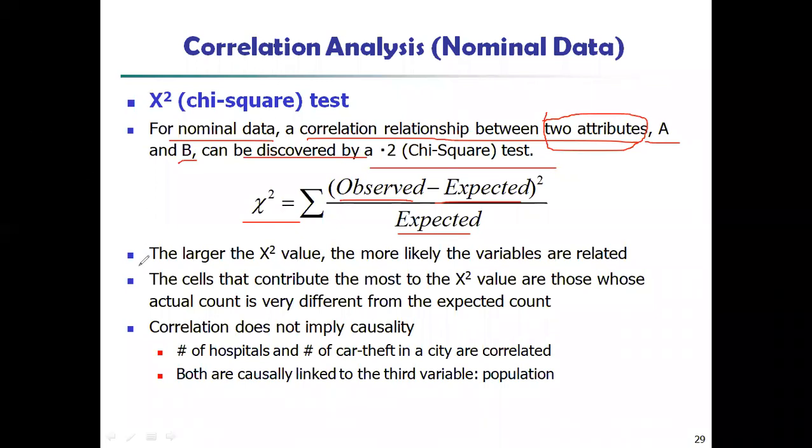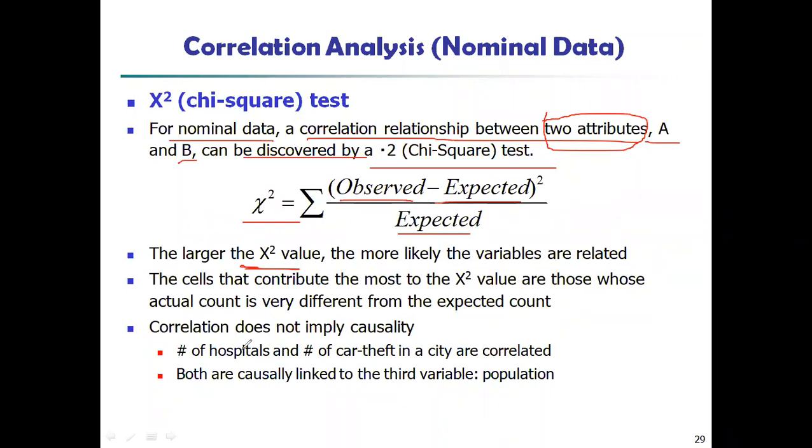If this chi-square value is more, then those two attributes are correlated very largely. If it is less, those are not correlated. Those two are different variables by themselves.